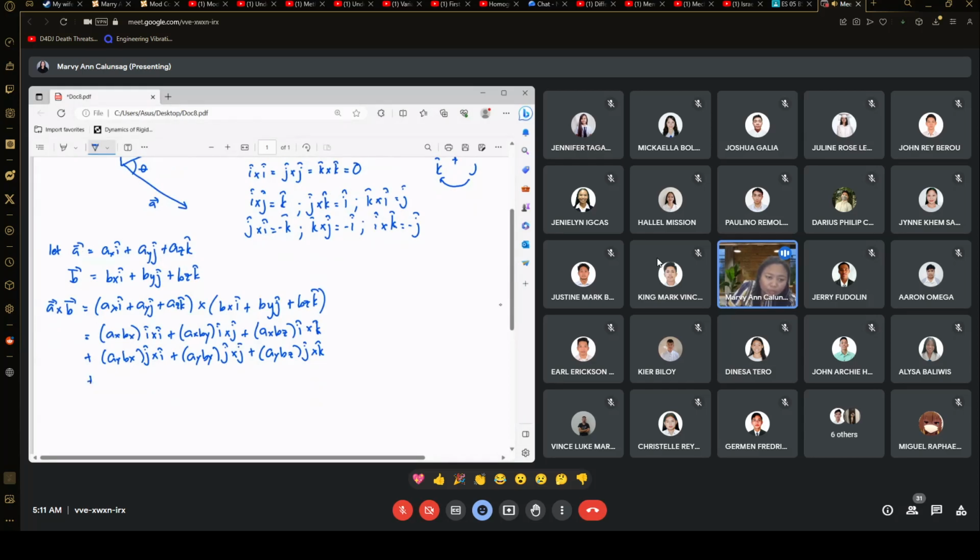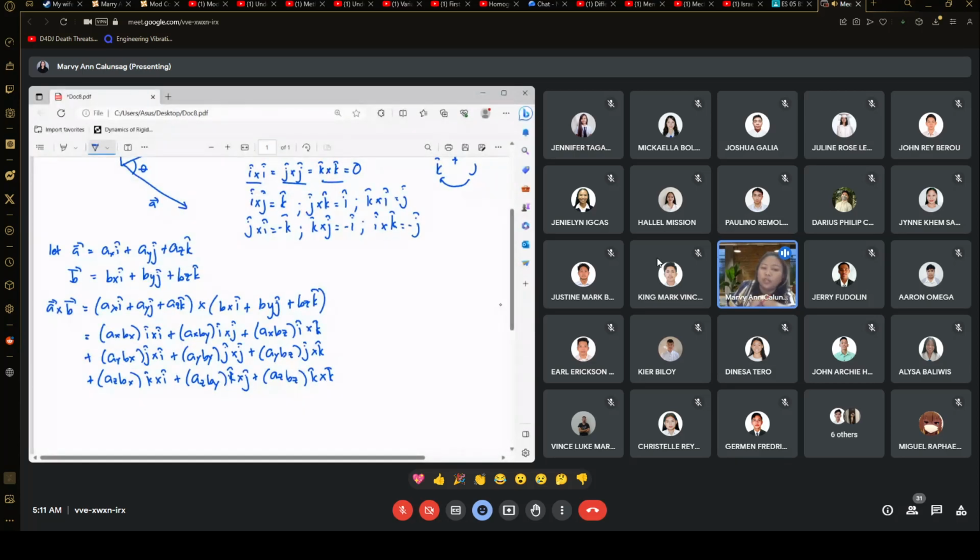And the last one, we have AZ BX, this is now K cross I, plus AZ BY, K cross J, plus AZ BZ, K cross K. And for cross product, if you have to get the cross product of two vectors in the same direction, the answer is 0.